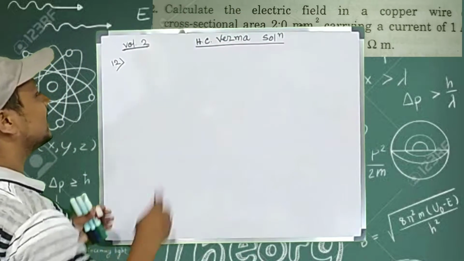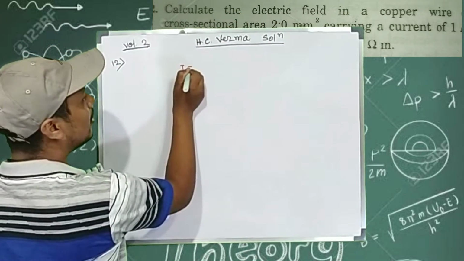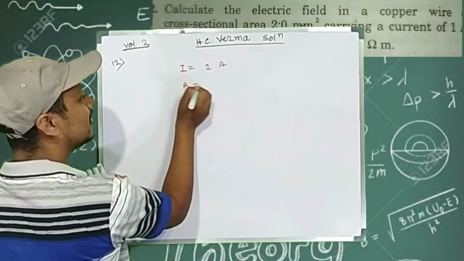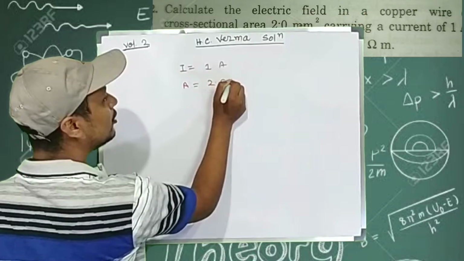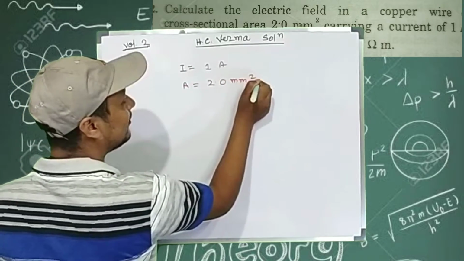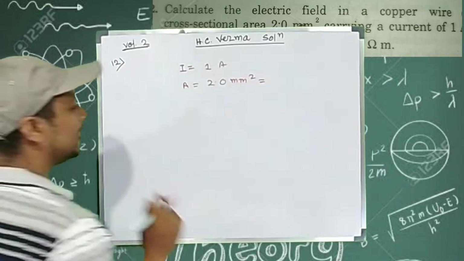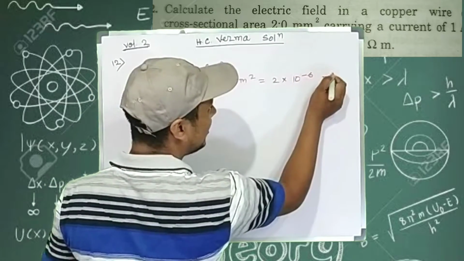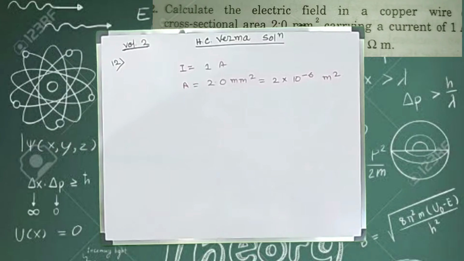So the current flowing through the wire is 1 ampere and the cross-sectional area is 2.0 mm square. That means you can convert this 2 mm square into meter square.